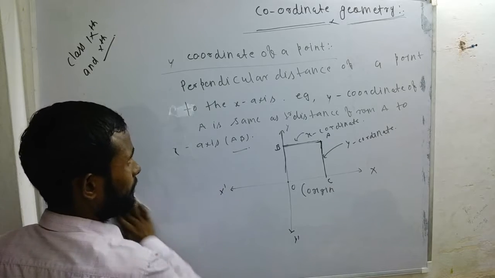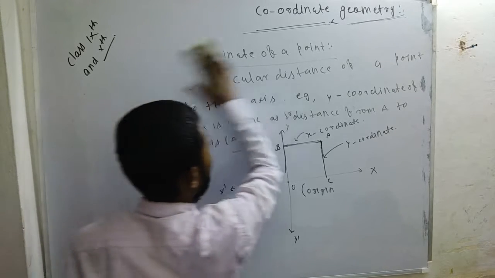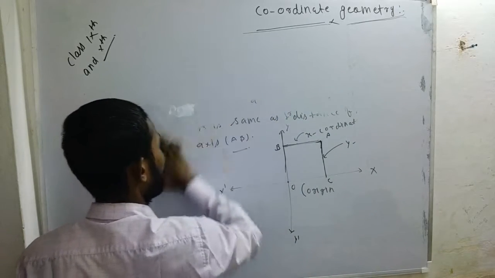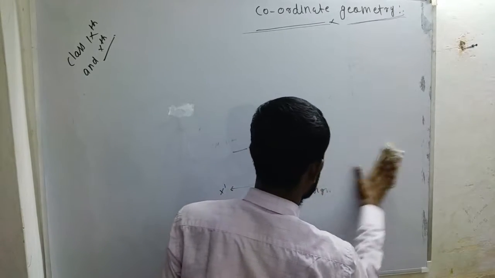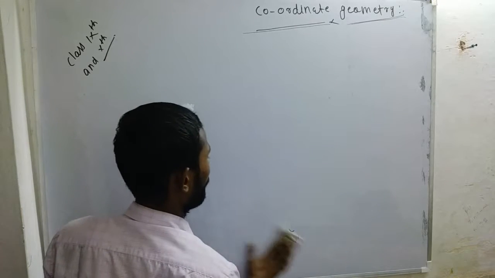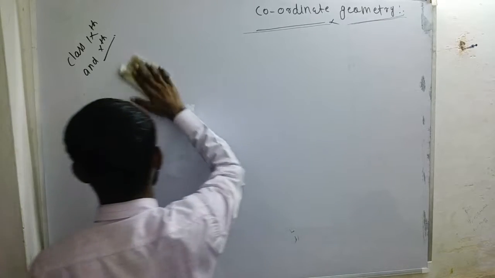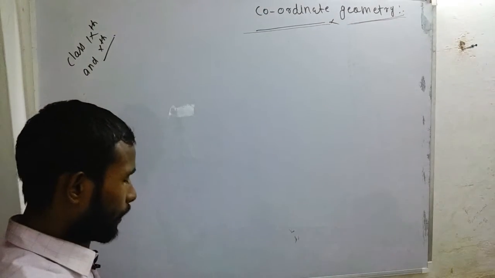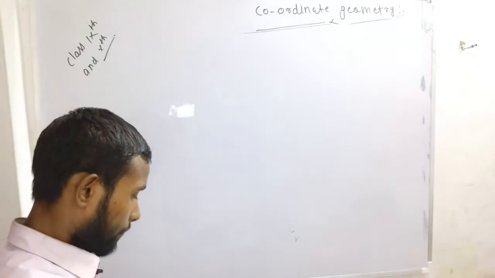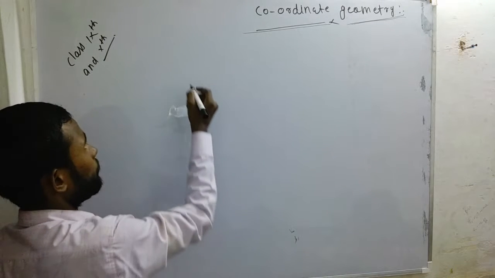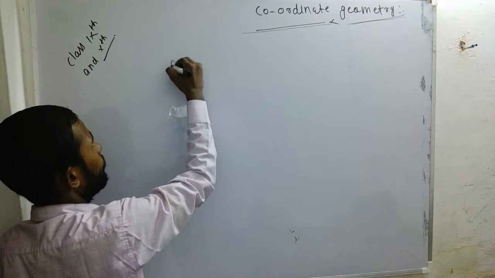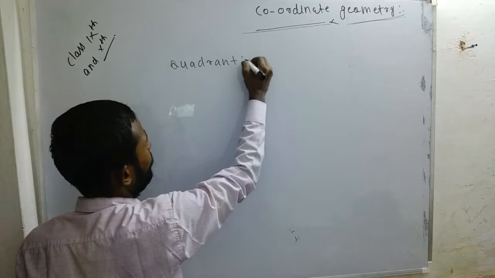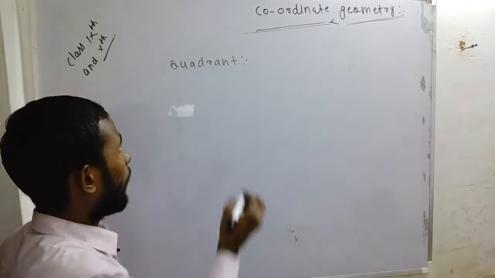Now we define the next term related to this Cartesian coordinate geometry, which is known as quadrant. What is quadrant?